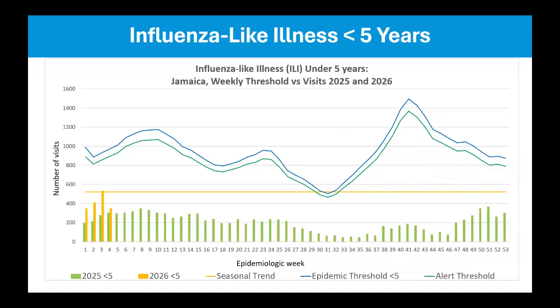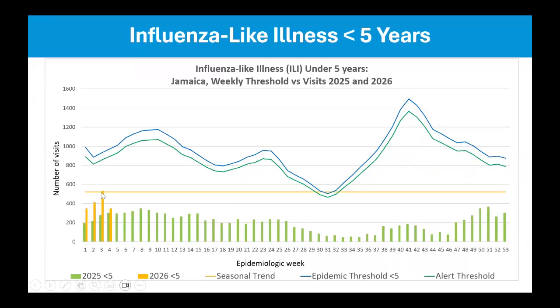So this is current information. Influenza-like illness is collected over 3 age groups. So this year, yes, we are more than we were last year, sometimes twice as many cases.